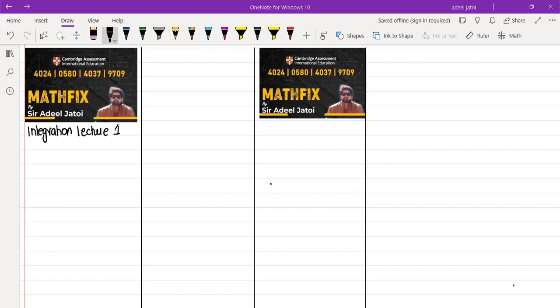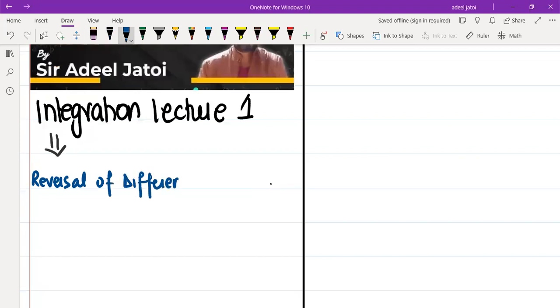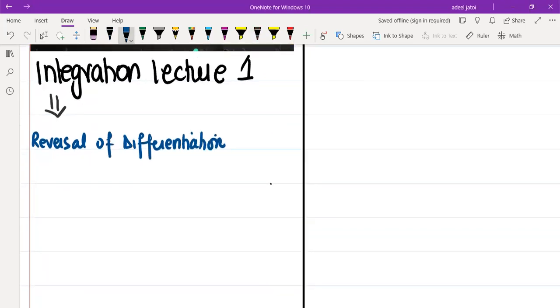Integration, lecture 1. Now, in easier words, integration is basically your reversal of differentiation. Now, what generally used to happen in differentiation?